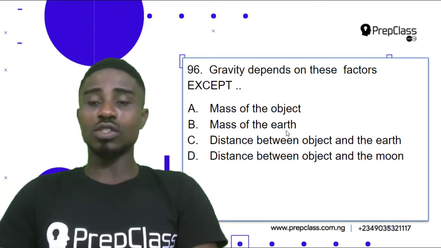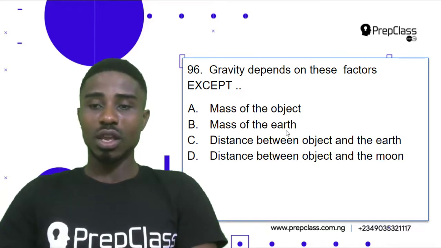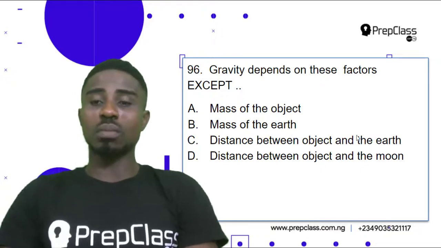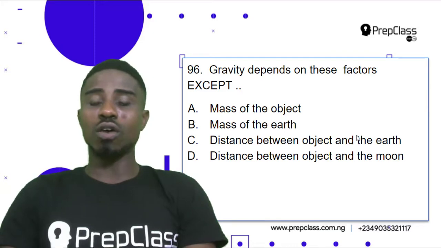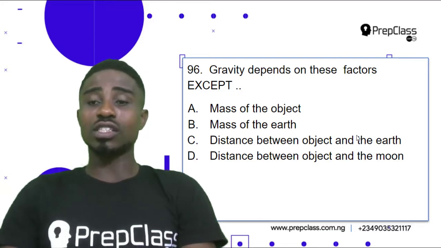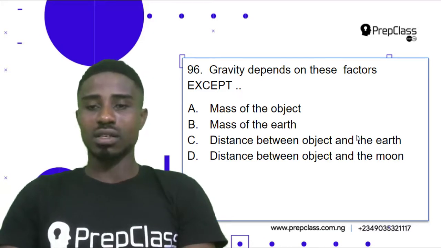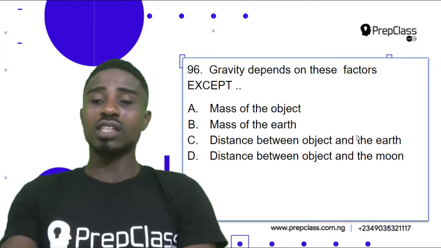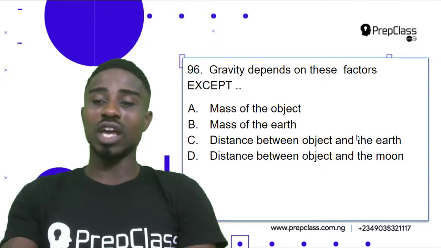Gravity actually depends on the mass of the object, because the more the mass of the object, the more the gravity. Also, B, mass of the earth. So gravity also depends on mass of the earth, because all of Earth's gravity is as a result of its mass. All of the force tending to pull objects towards the center of the earth is as a result of the mass of the earth.